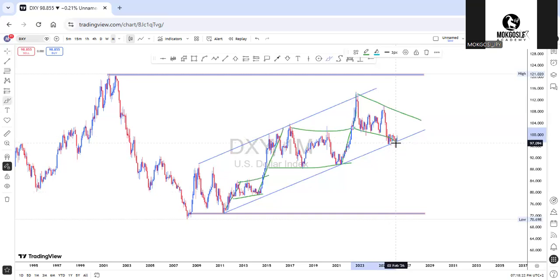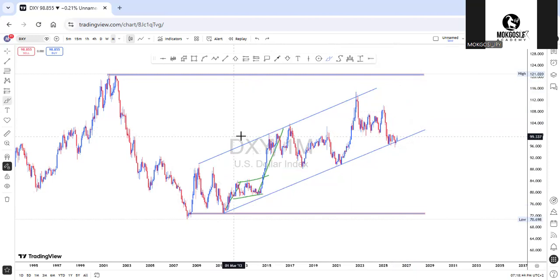Over the long-term time frame, we are expecting the market to push to this level. This is an impulsive, this is a corrective, this is an impulsive, this is a corrective. We are expecting another impulsive to push the price to the upside. That's a probability and possibility, but the nature is impulsive and corrective.